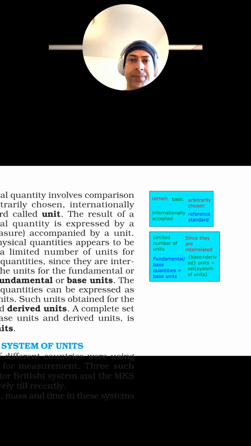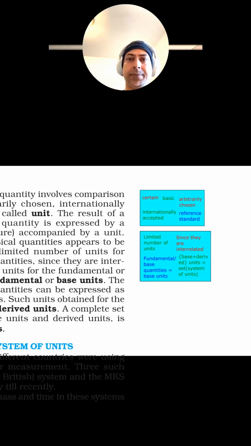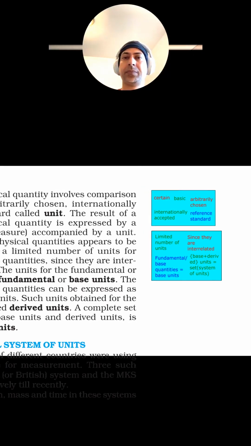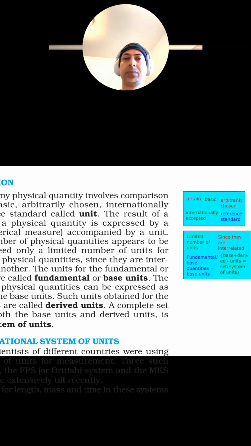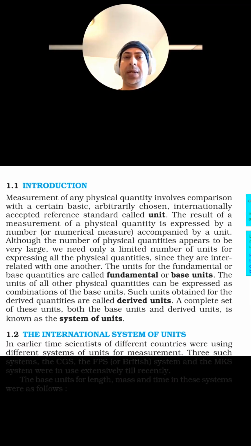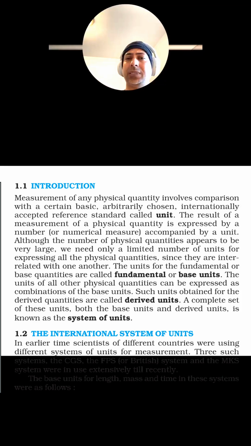Understood. We can describe all the examples of oil, like cooking oil, engine oil, by using only one unit. And the number of physical quantities appears to be very large. So number of physical quantities means what?